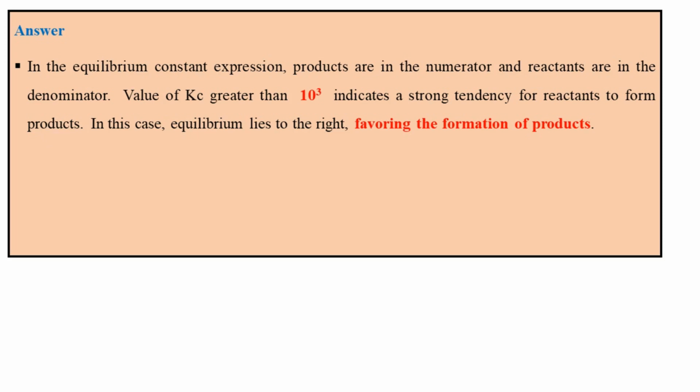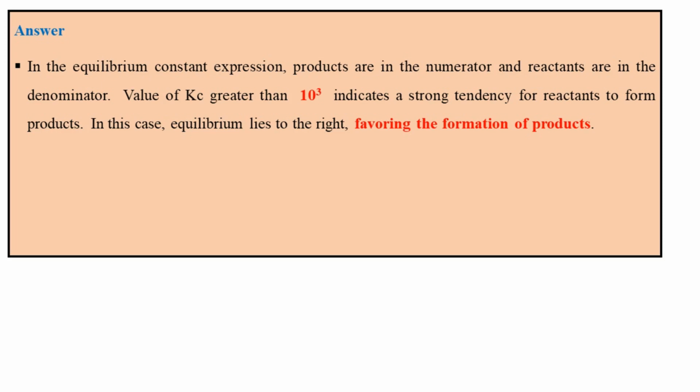When you have a high value of Kc, that means you have more product, because the Kc is the product divided by the reactant. You have the high Kc, that means you have more product, and the product will be favored when you have the Kc which is greater than 10 power 3.